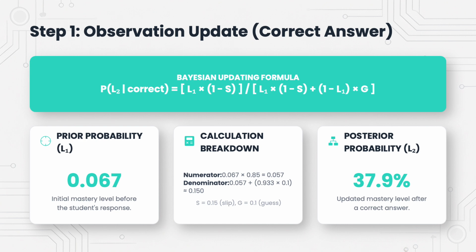This gives us 0.379 plus 0.1242 for a final mastery probability of 0.503 or 50.3%. So, after two questions, Xiao Ming's mastery probability has gone from 30% down to 6.7%, and finally up to 50.3%.